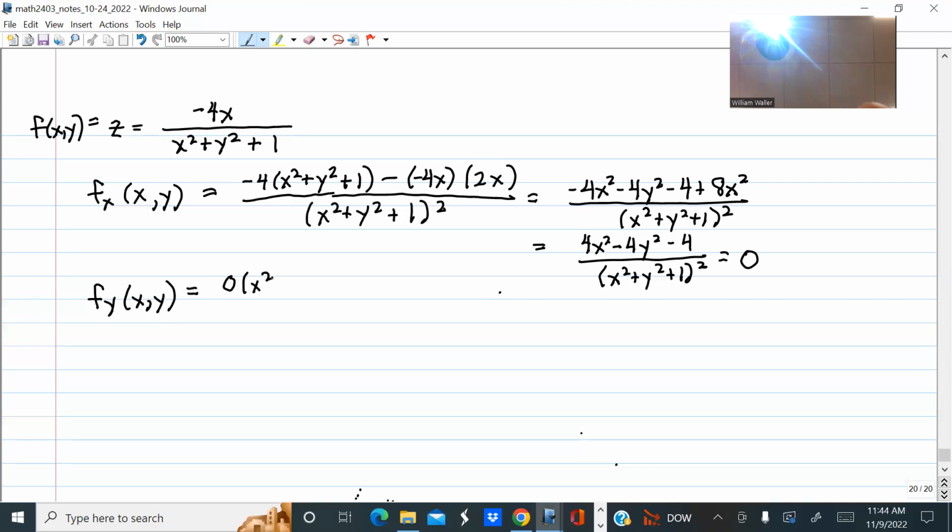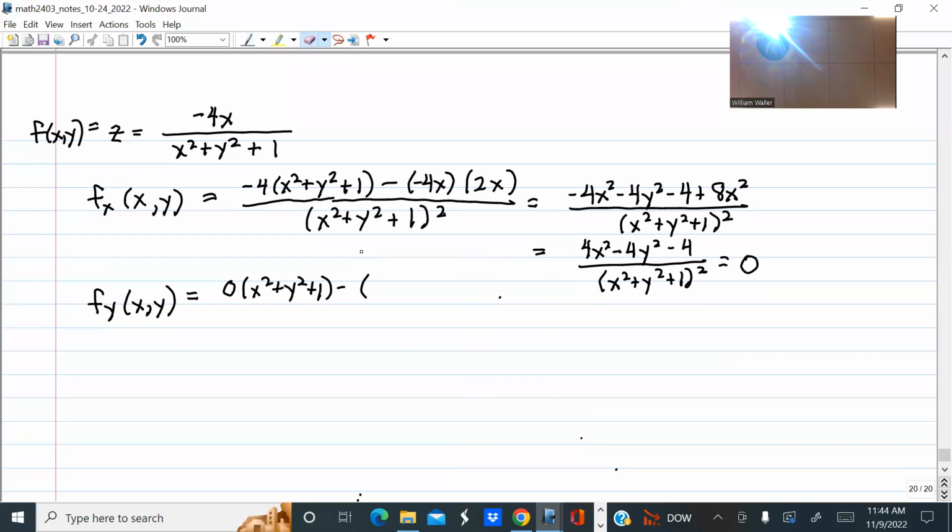So we have 0 times the denominator, x squared plus y squared plus 1, and then minus the numerator, which is minus 4x, times the derivative of the denominator with respect to y, which is going to be 2y now. All of this over (x squared plus y squared plus 1) squared.